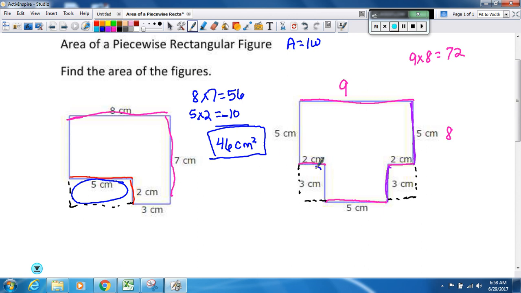They have taken 2 holes out of this. Okay? So the first hole that they cut out was 2 centimeters long and 3 centimeters wide. So 2 times 3 equals 6. And this next one over here is also 2 times 3.